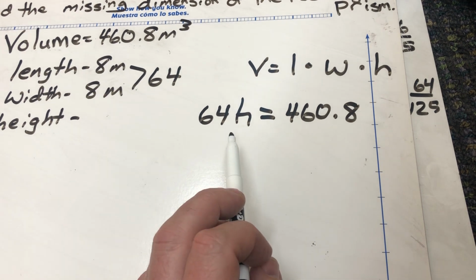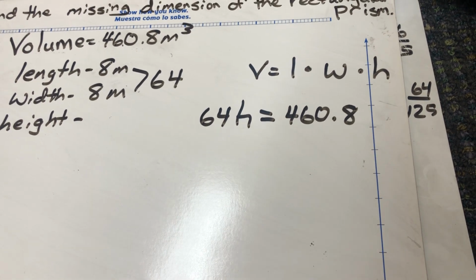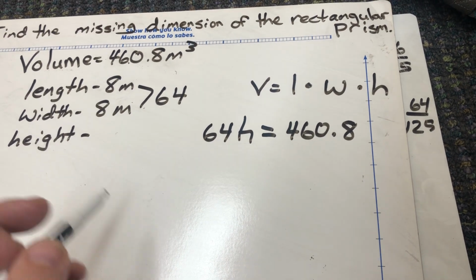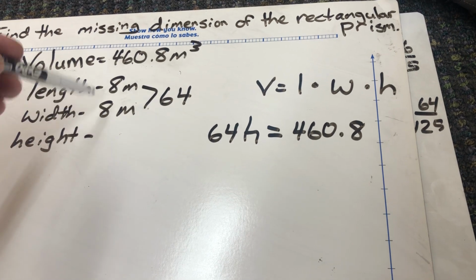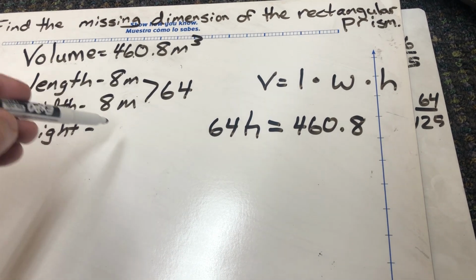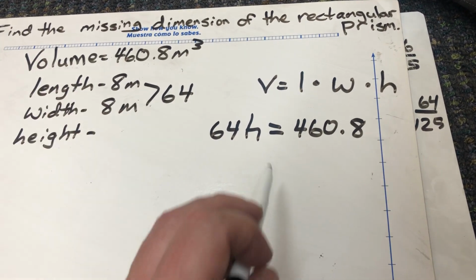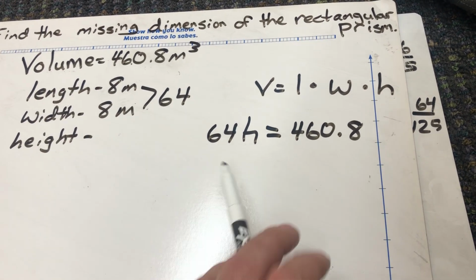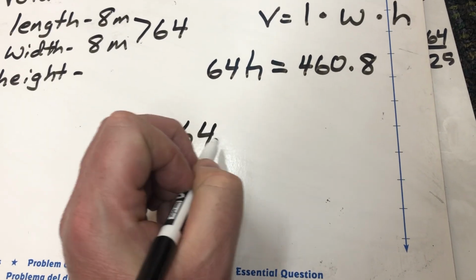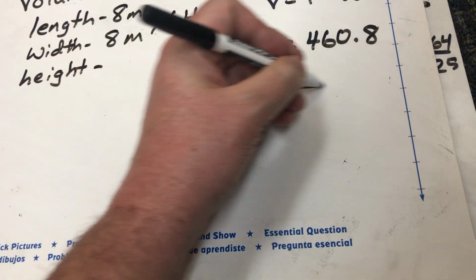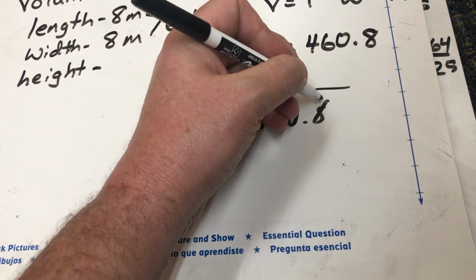I know in this situation to isolate H, basically I'm going to divide both sides by 64. So simply speaking, I'm just doing 8 times 8, which is 64. I'm multiplying whatever two numbers they give me, and then I'm dividing my volume by that. So it's 8 times 8, which is 64, and since I'm dividing 64 by both sides, all I'm doing is 64 going into 460 and 8/10.